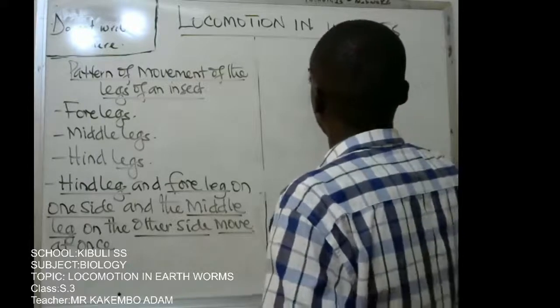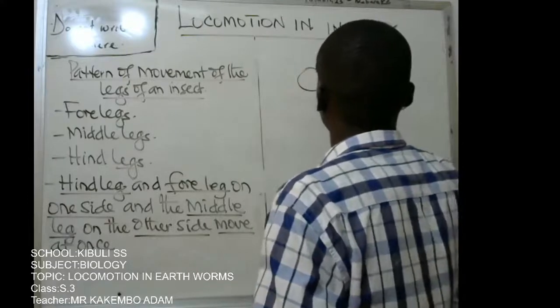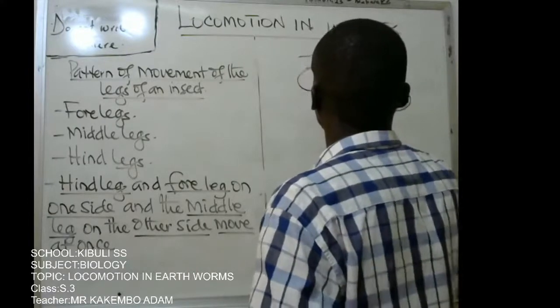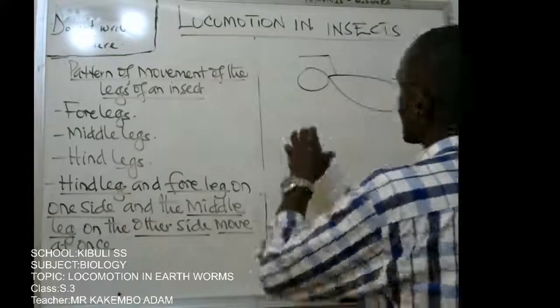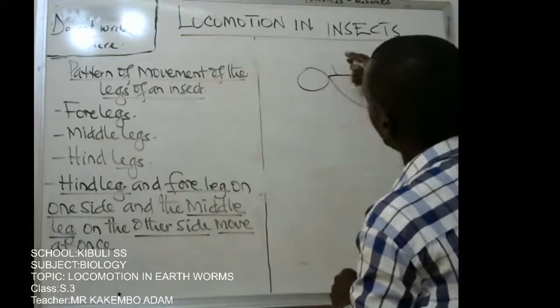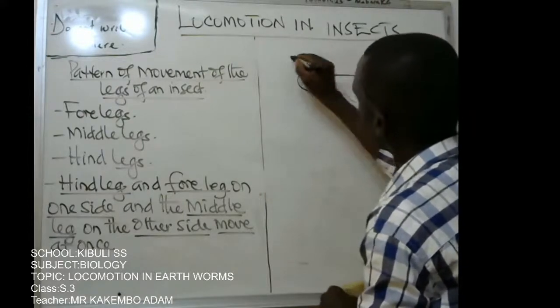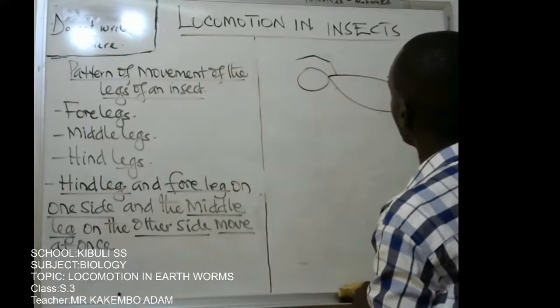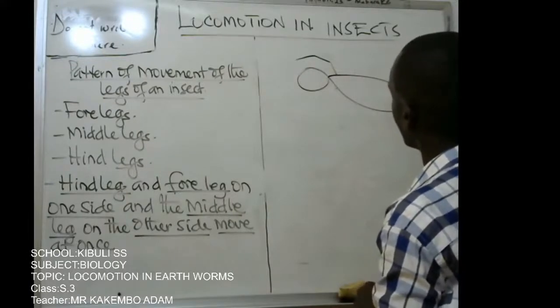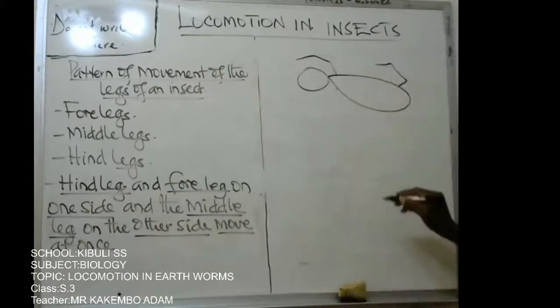This is the body of an insect. It has, those are the legs. So we are saying this leg, the foreleg, is moved forward, and the hind leg is also moved forward.